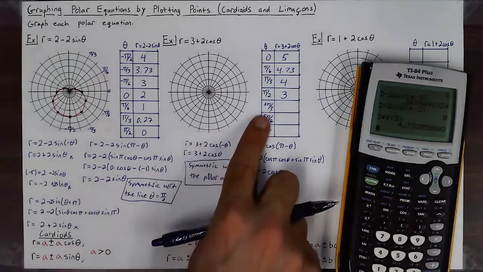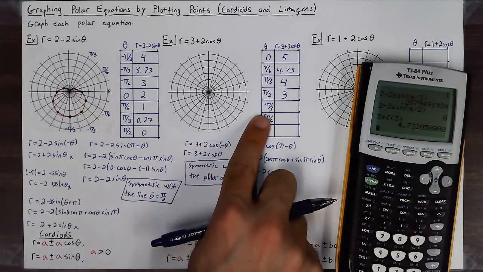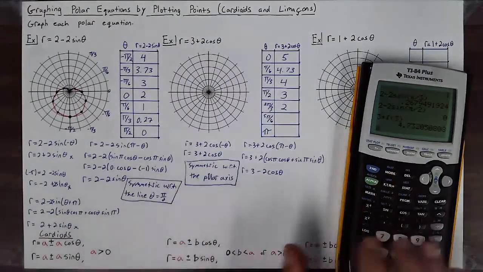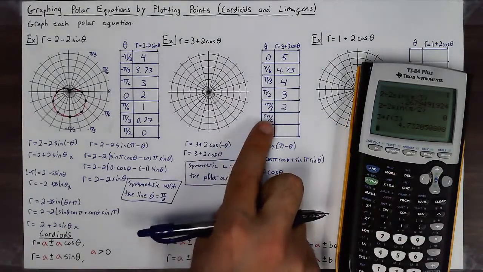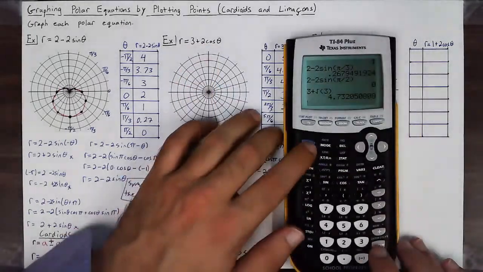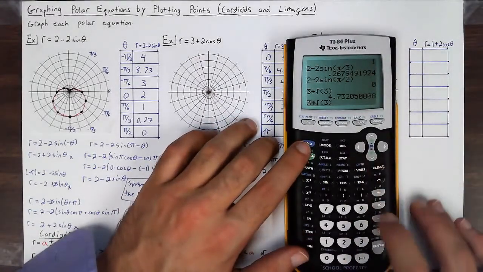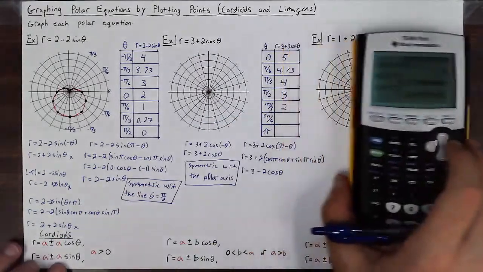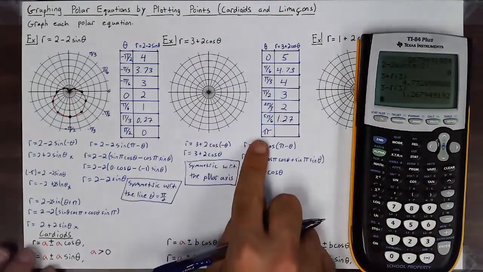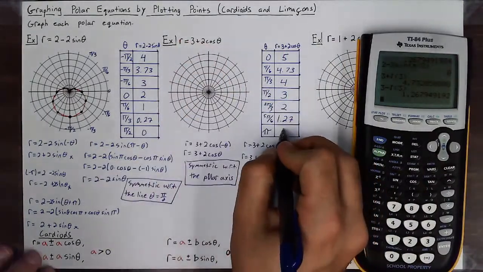And then cosine of 2 pi over 3 is negative 1/2, so it's 3 minus 1, which is 2. And then cosine of 5 pi over 6 is negative square root 3 over 2, so this will be 3 minus the square root of 3, which is 1.27. And then cosine of pi is negative 1, so 3 minus 2, which is 1.